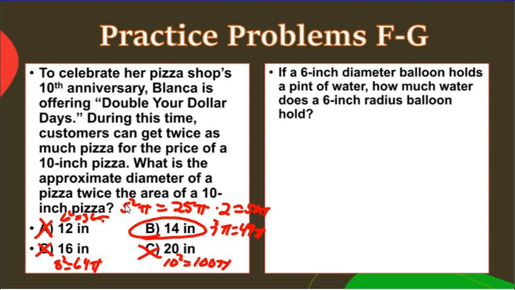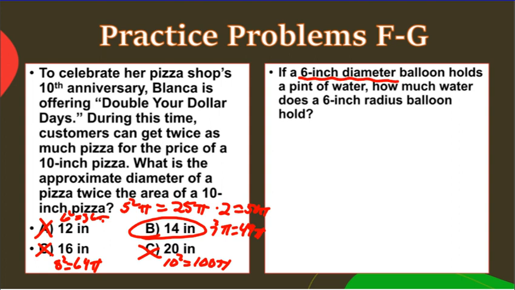And our last one. If a 6-inch diameter balloon holds a pint of water, how much does a 6-inch radius balloon hold? So for this one, we're looking at volume, so we're going to have to cube our scale factor.